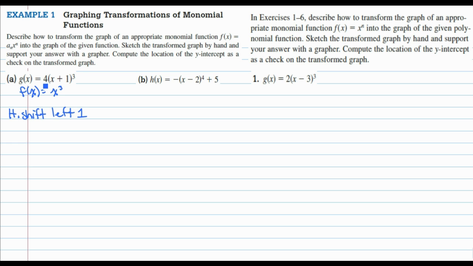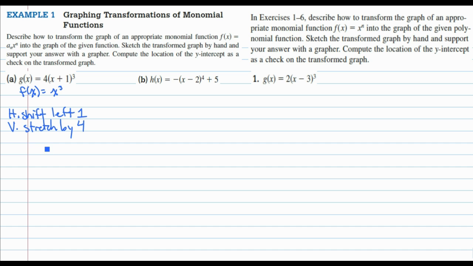Then that 4 outside is a vertical stretch by 4. That is a vertical change because it's outside of the quantity that's being cubed, and it's a stretch because it's a number greater than 1. And we're multiplying, so it's a stretch versus a shift.